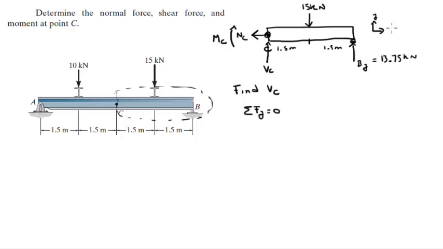We're assuming this is the y and this is the x. So Vc is going up, plus 13.75 of Vy minus the 15K force going down, and all of that is equal to 0. So when you solve for Vc, it is equal to 1.25 kilonewtons.